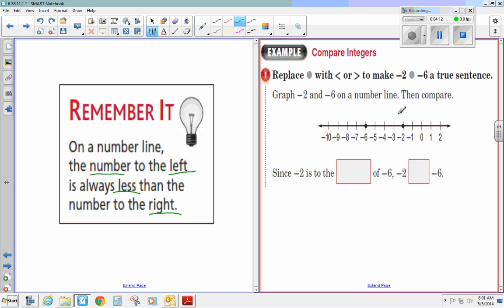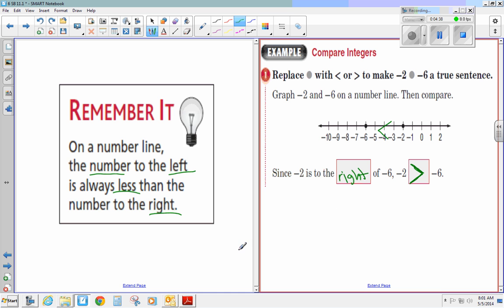So -2, -6. Which one is further to the left? Well, -6 is further to the left, so that means -6 is less than -2. And since -2 is to the right of -6, then -2 is the bigger number.